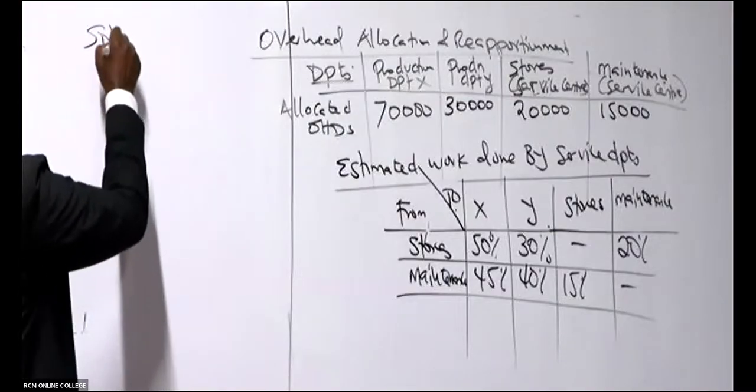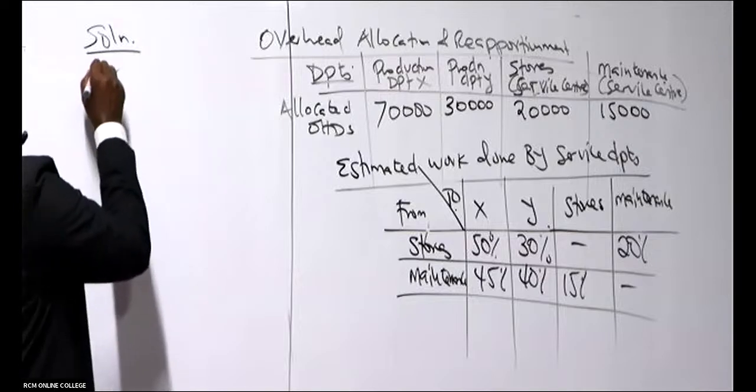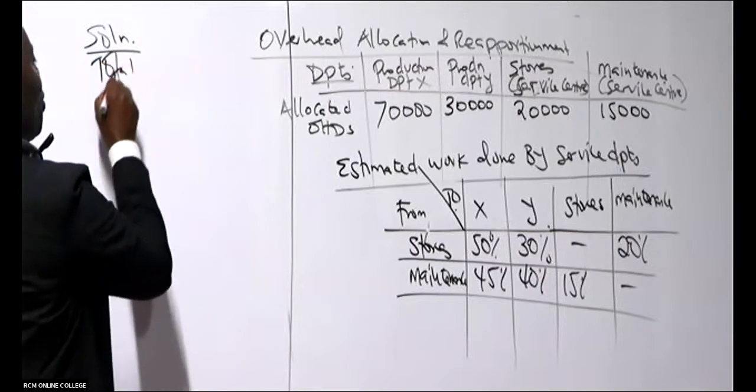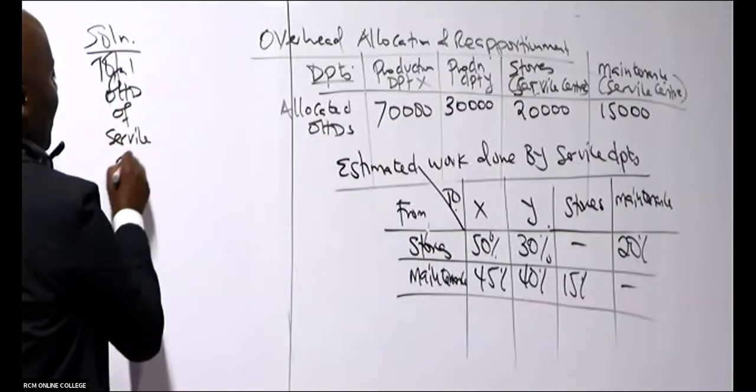Solution. Under the algebraic method, what are we going to do here? You're going to write here total overhead of a service department.